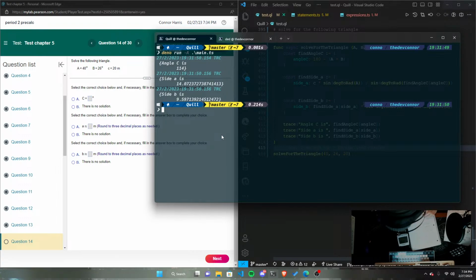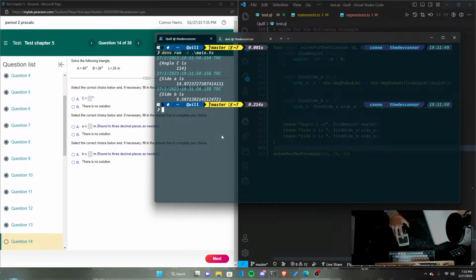Can we copy it in my calculator? I don't know if my calculator can copy. But we can do that. Sine of 26 divided by the sine of 40. 9.597. Yeah, that's right.